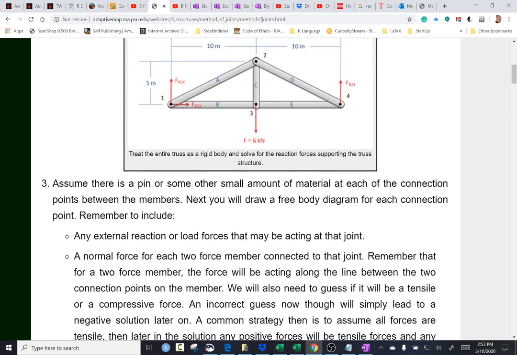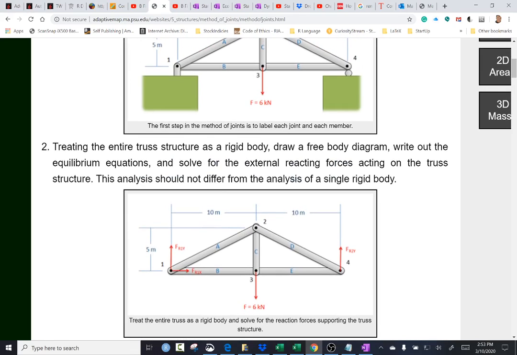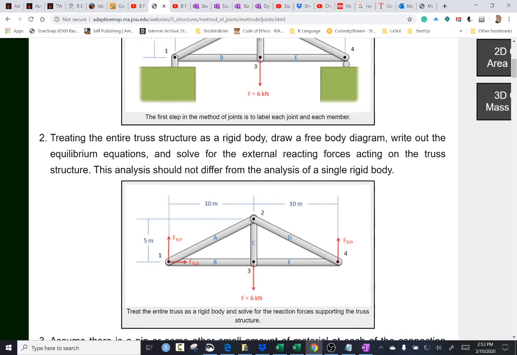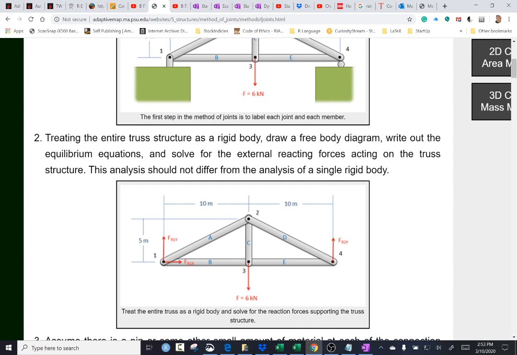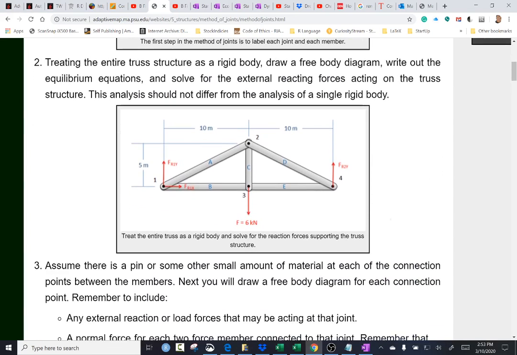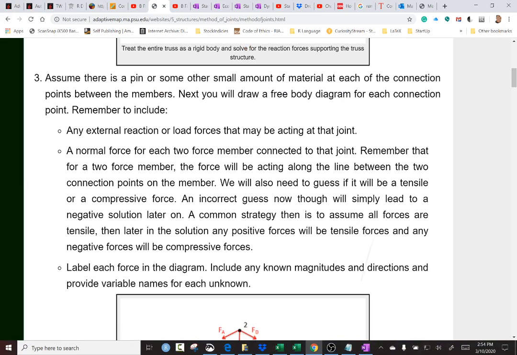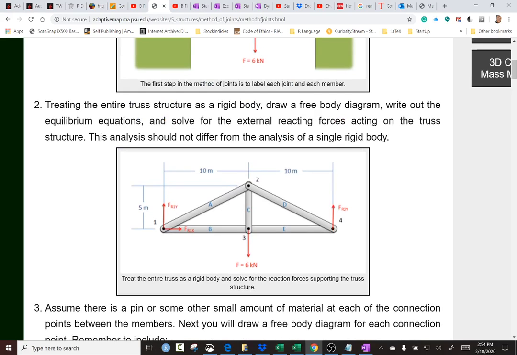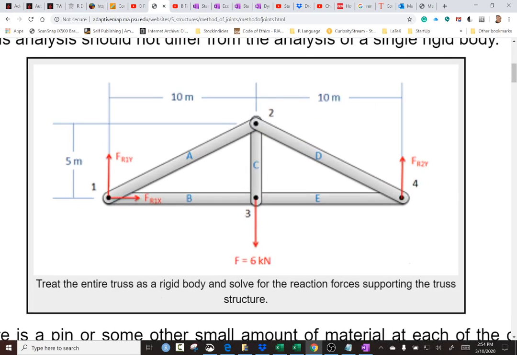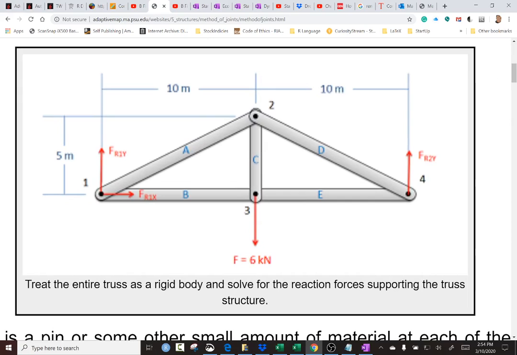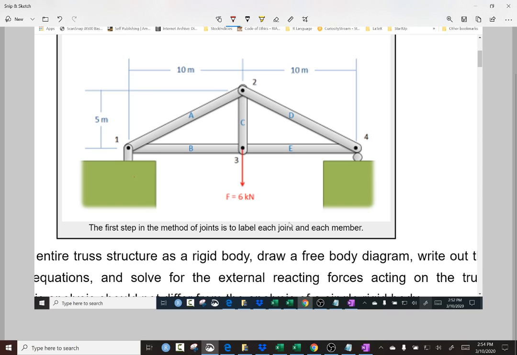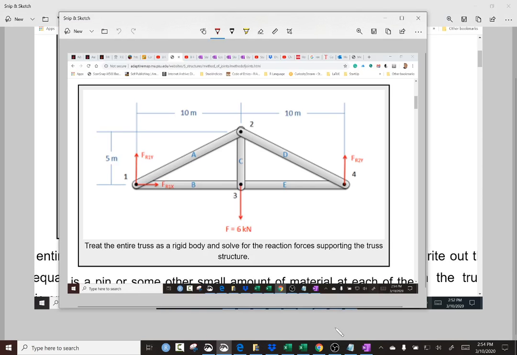Okay. Now where did he get his 3 kilonewtons for here? Let me show you. Just simply take a picture of this thing. I could have taken it off of that.